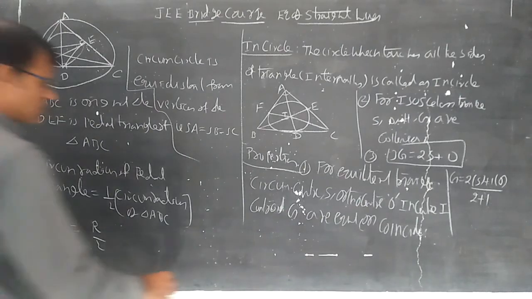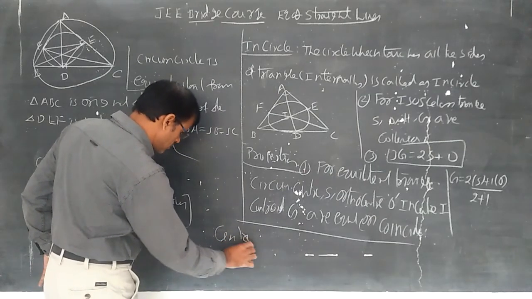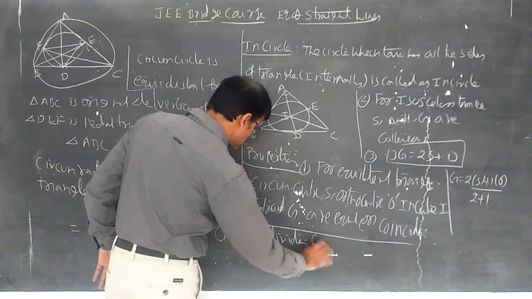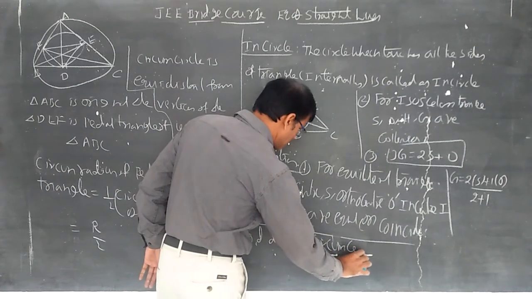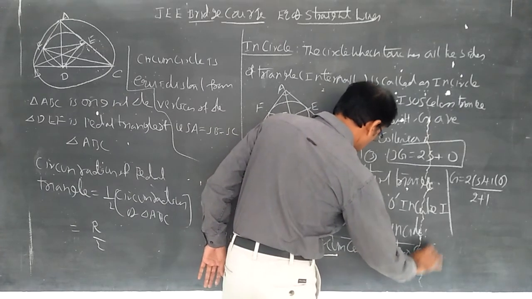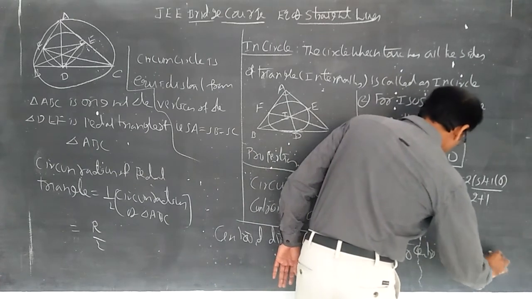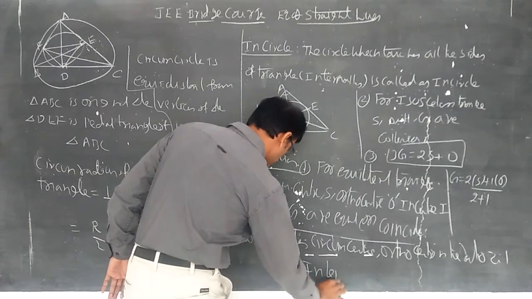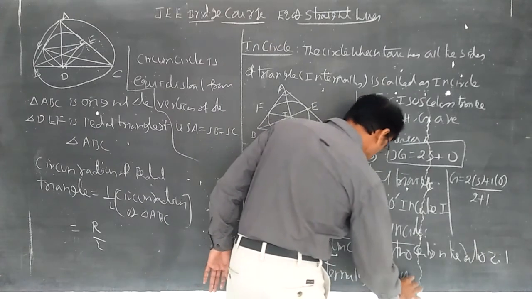So you can write here: centroid divides circumcenter and orthocenter in the ratio 2:1 internally. For any triangle, it is true.